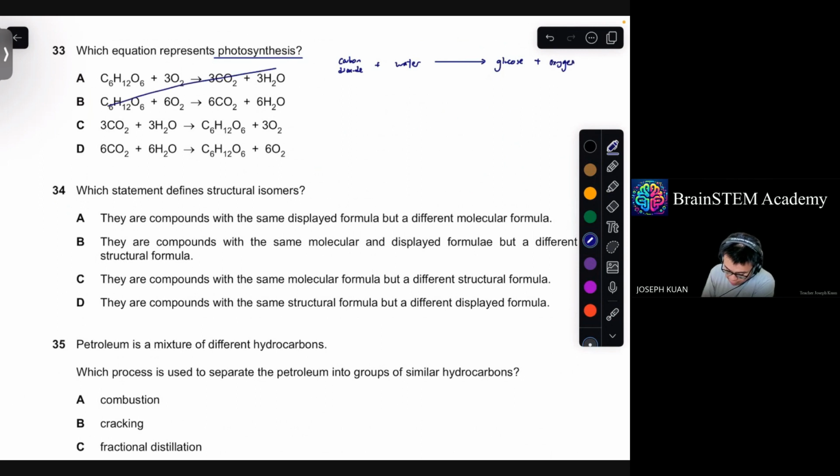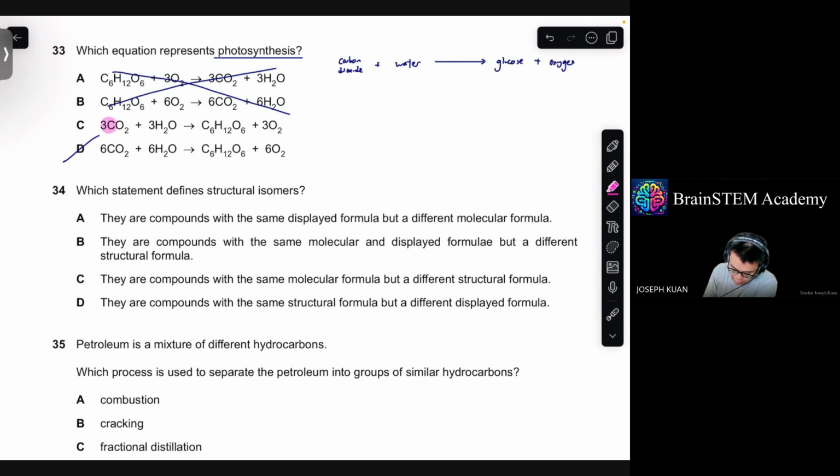So A and B are wrong because the reactants and products are at the wrong position. So it's either C or D. If you look at C, the coefficients are wrong. 3 carbon, and then this forms 6 carbons. That's not possible. So it should be D. 6 carbons form 6 carbons on the right. So the answer is D.